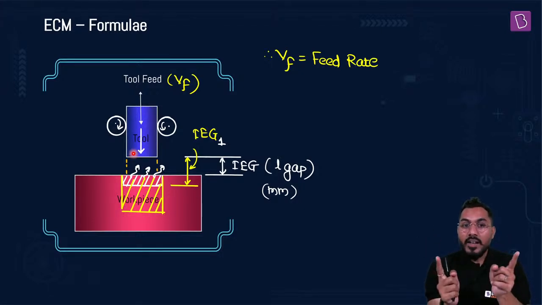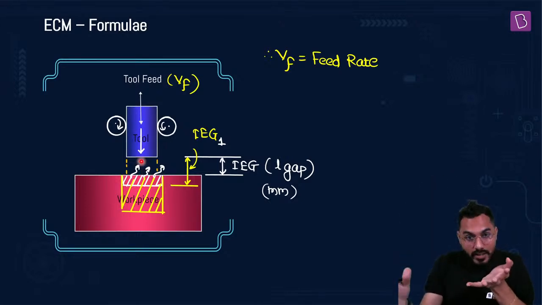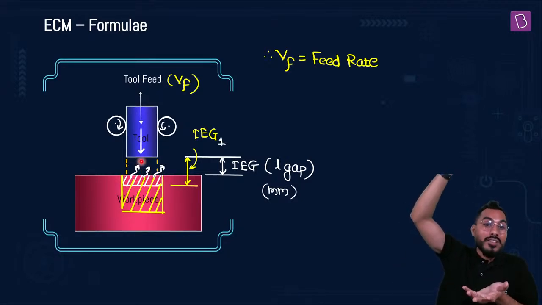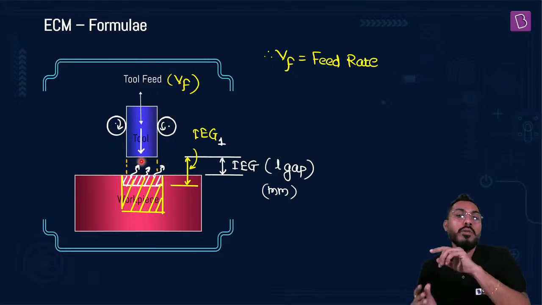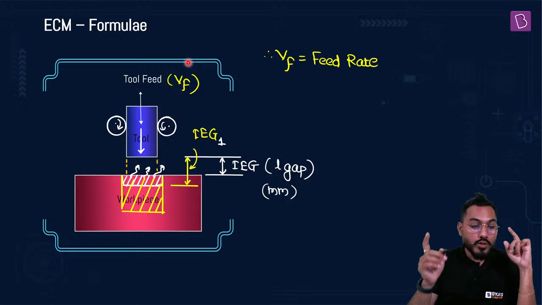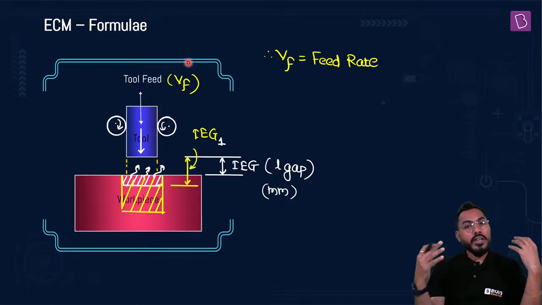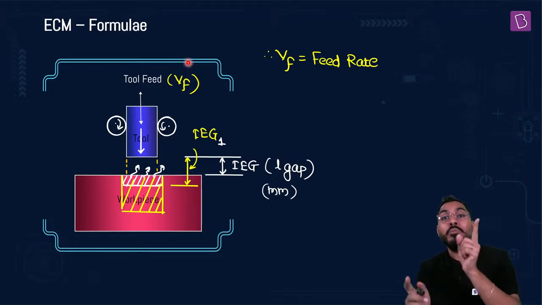Which means that if the material removal rate is higher, the rate of ion dissolution is higher, the depth of the hole increases rapidly, and therefore at the same rapid speed my tool should move in the downward direction to maintain the optimum gap. And therefore my feed velocity should also be higher. My feed velocity should also be higher. So it's very simple that my feed velocity is directly proportional to material removal rate.